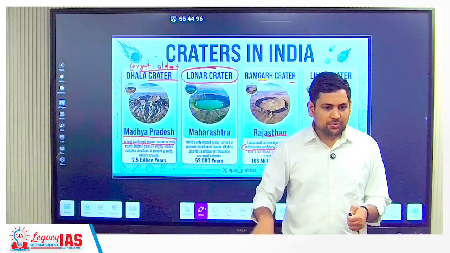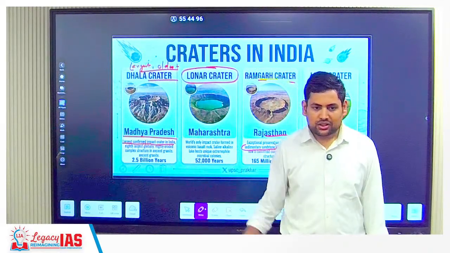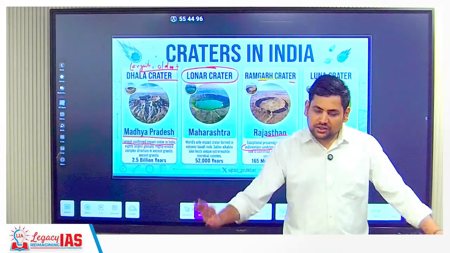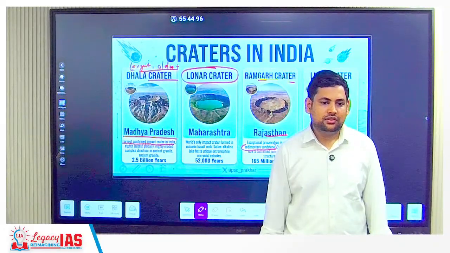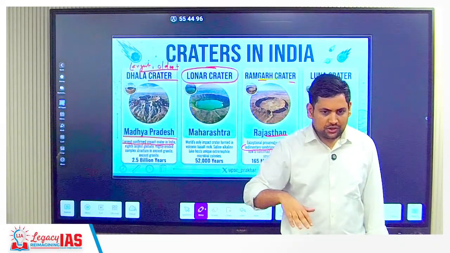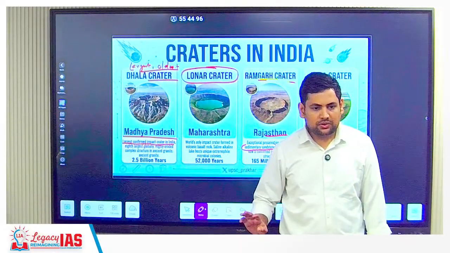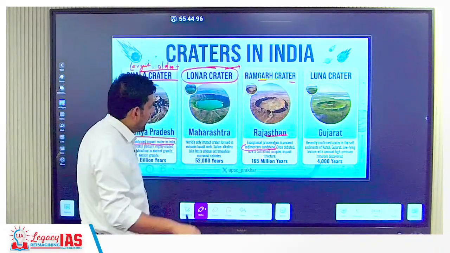They have a whole mechanism. Now the thing with Lonar lake is, because it was formed by a sudden impact, it does not have any connection. It has no inflow, apart from rainfall, but not from any river or nearby water body. Similarly no outflow. And this is in Maharashtra.